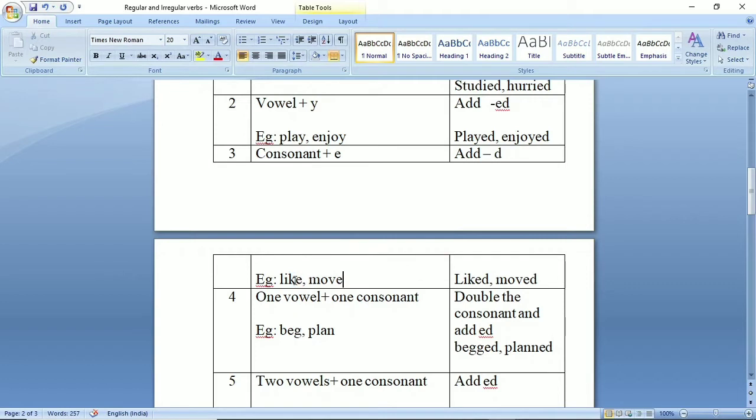So it is k, a consonant, and then it is ending in e. In this case also we add d. Only d is to be added. See the spelling: like, liked, move, moved.